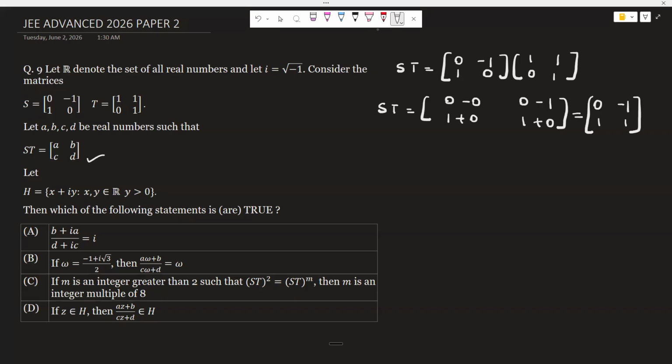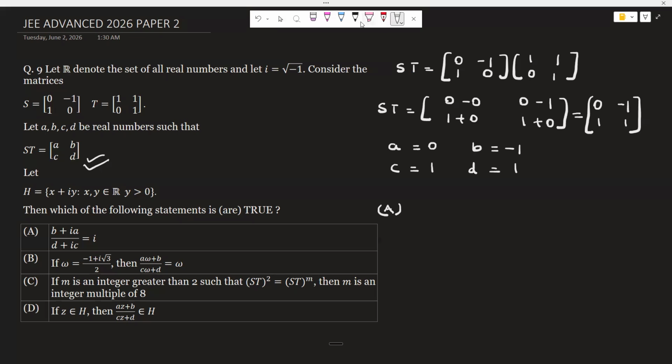Comparing with the given ST matrix, we have a equal to 0, b equal to -1, c equal to 1 and d equal to 1.